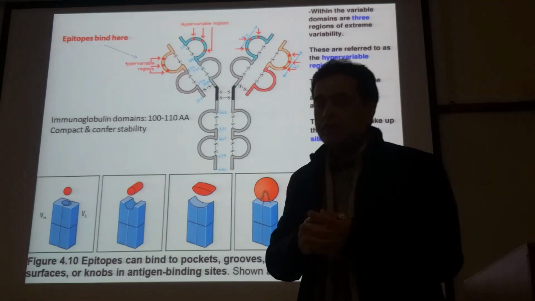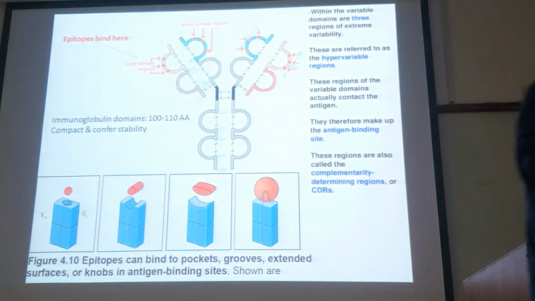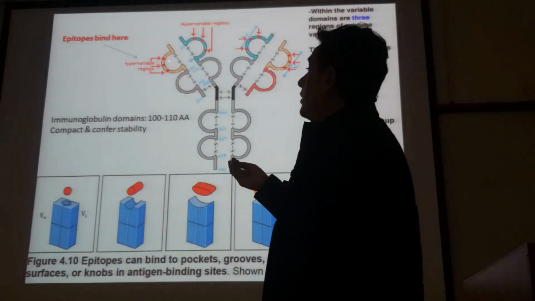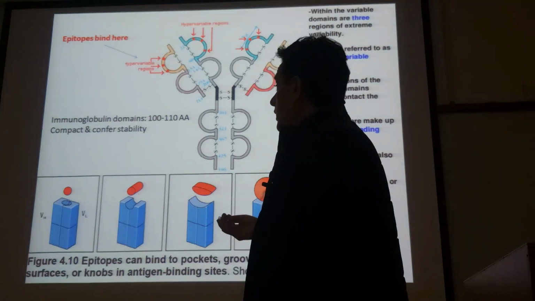So if it is not a best fit, it would not bind to this region. This is complementarity, which is decided here when these antigens come around an antibody.